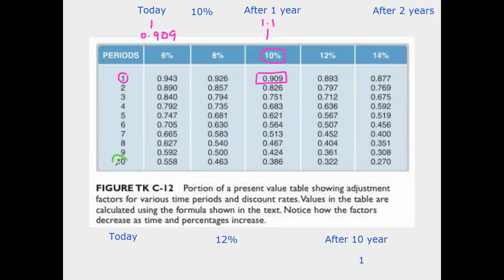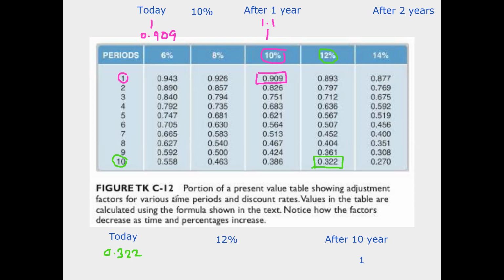After 10 years, the interest percent is 12%. How much do I have to take for 1? So the amount that I have to have is 0.322.